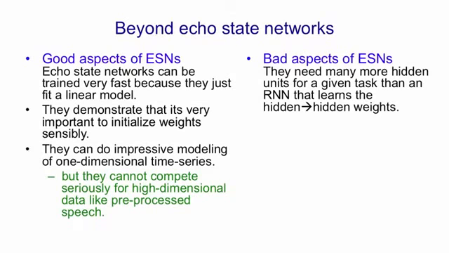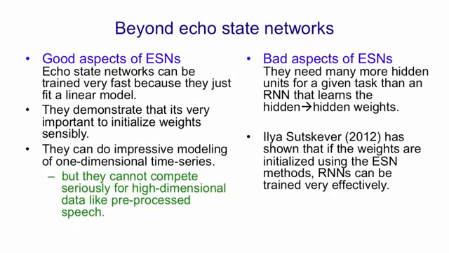the hidden-to-hidden connections. Recently, Ilya Sutskever tried something which is fairly obvious, which is to initialize a recurrent neural network using all the tricks developed by the people doing echo state networks. Once you've done that, you know you could learn quite well just by learning the hidden-to-output connections.